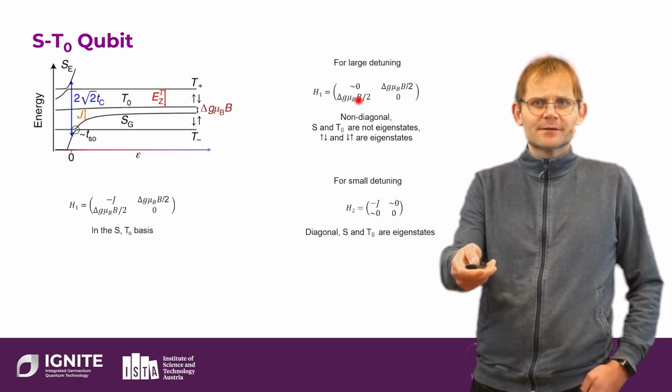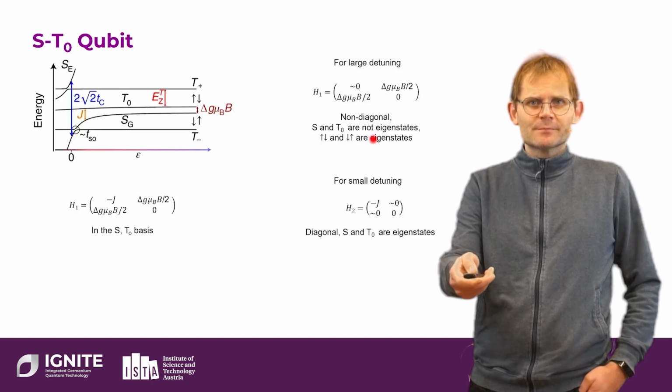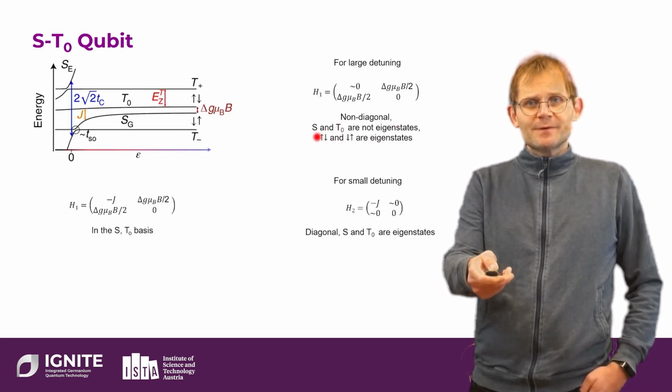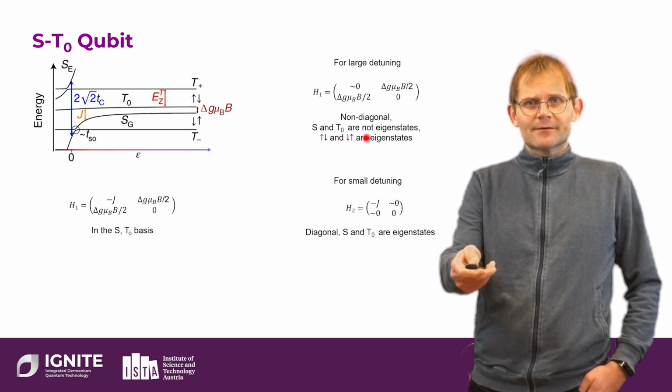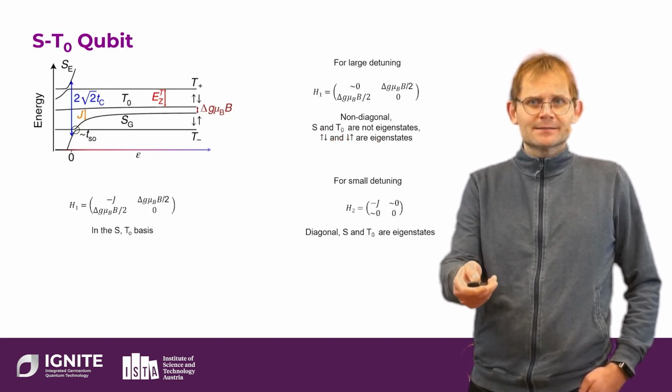Ideally, it drops to 0. So then our Hamiltonian takes this form. So it's not diagonal anymore. Which means that the singlet and the T0 are not anymore eigenstates, but the up-down and down-up are eigenstates.